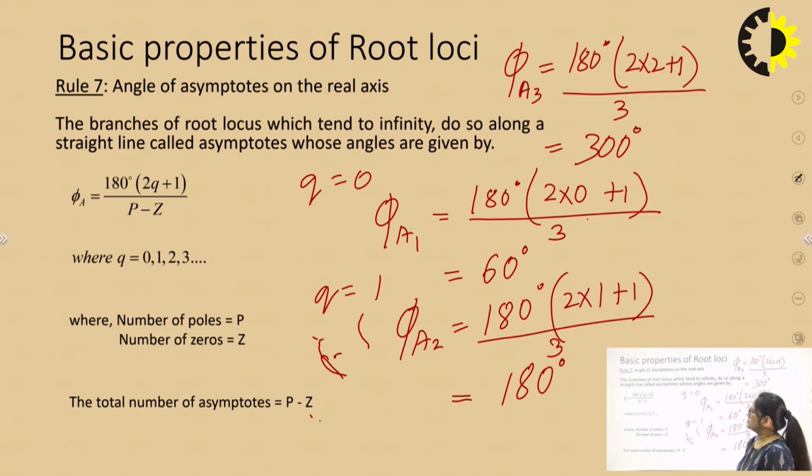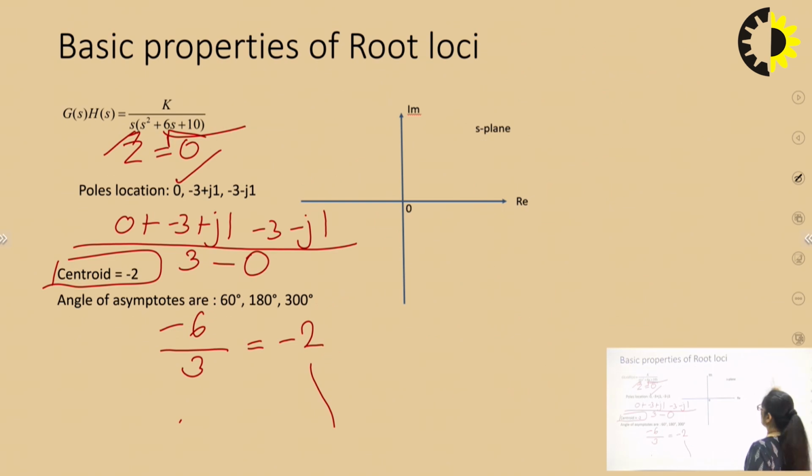Right? So the centroid is found to be -2, and these are the angles of asymptotes. Like here -2 is the centroid, so this is, let us say, -1 and this is -2. So -2 is the centroid, and at this point we have 3 angles.